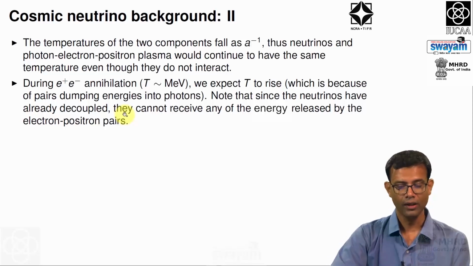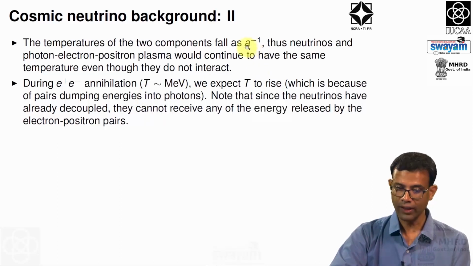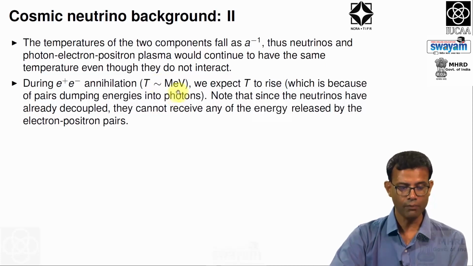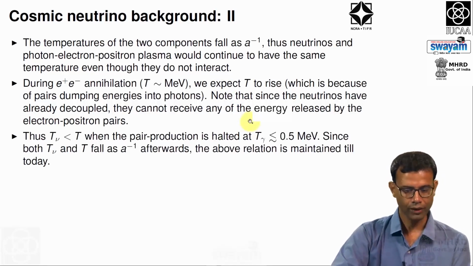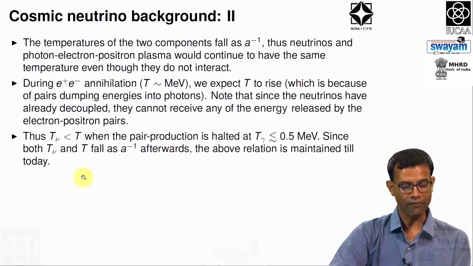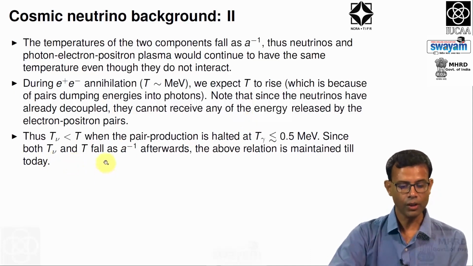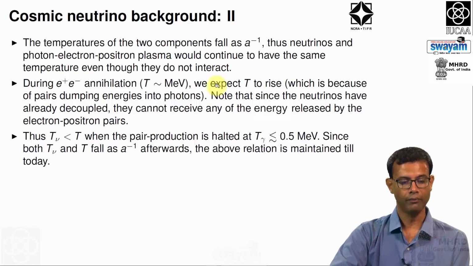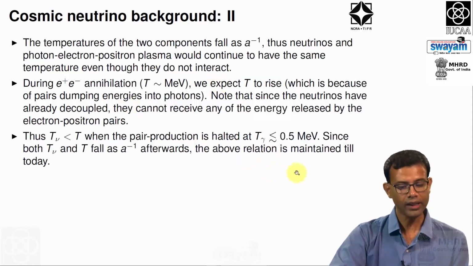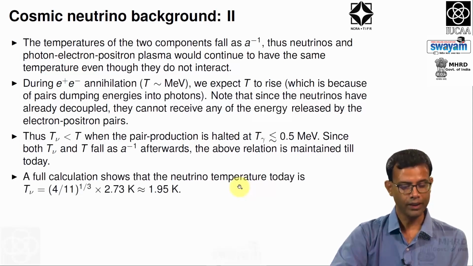So, the neutrino temperature will fall as 1 by A. For photons, they were initially falling as 1 by A. Then when the temperatures are of the order of MeV, when this annihilation happens and the pair production stops, the temperature of the radiation rises a bit, and then again it keeps falling as 1 by A. So, after that, the neutrino temperature and the temperature of radiation both fall as 1 by A, and whatever is the relation between them after the electron positron annihilation is maintained till today.